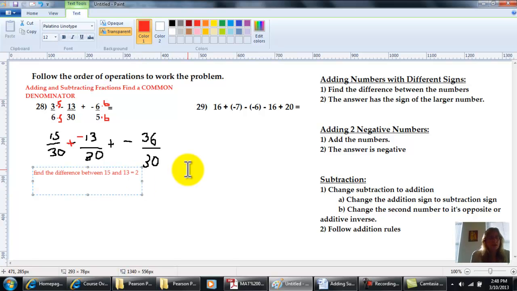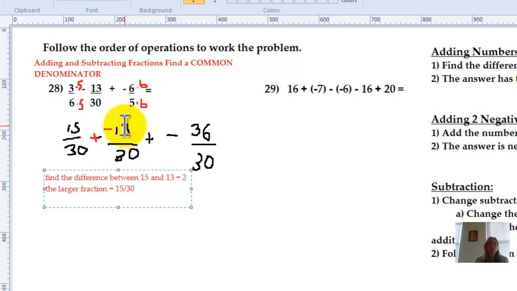So we take the sign of the larger fraction. 15/30 is the larger fraction, because the larger numerator is what we use when we have the same denominator. So the sign on 15/30 is positive. So the difference between 15 and 13, 2, the 2 is positive.